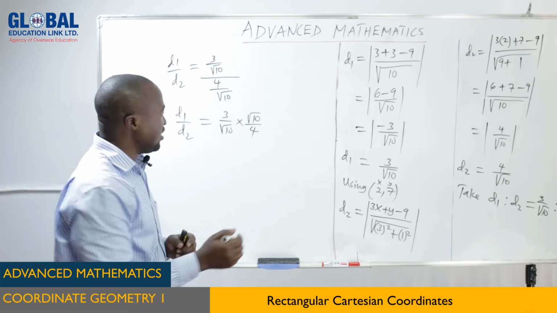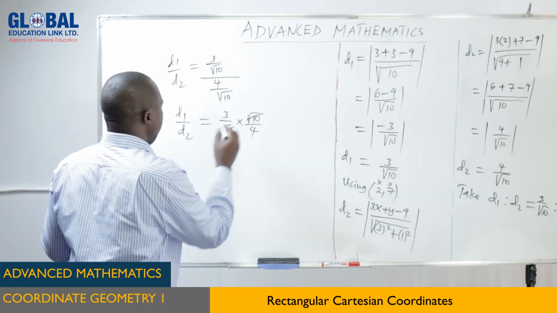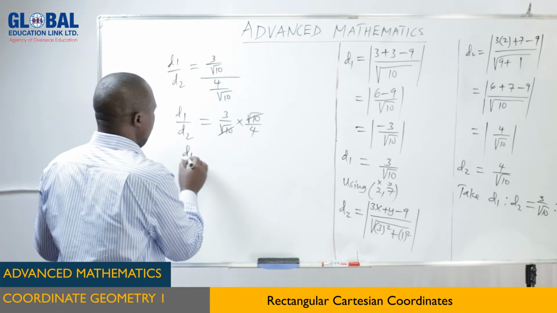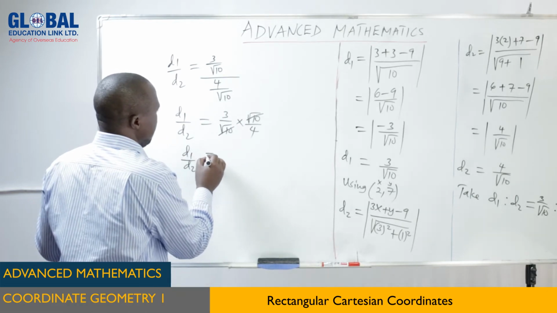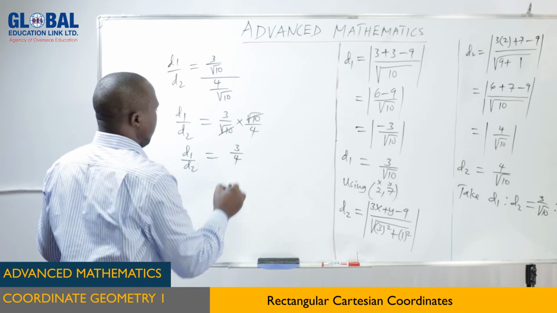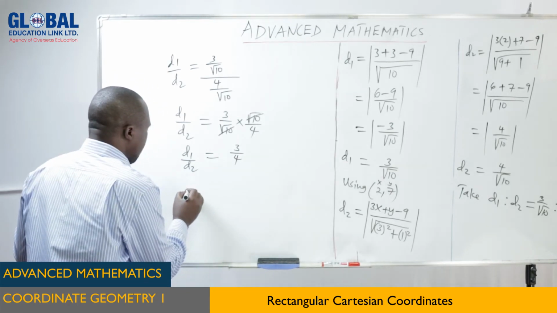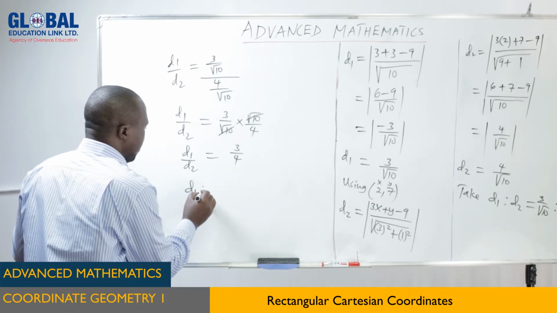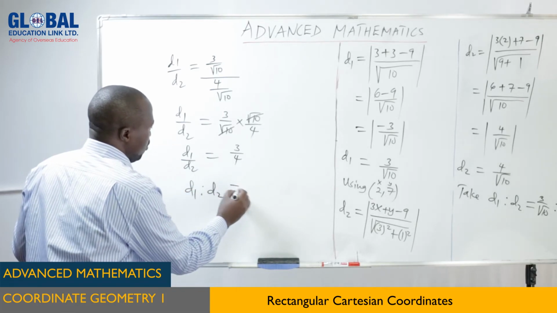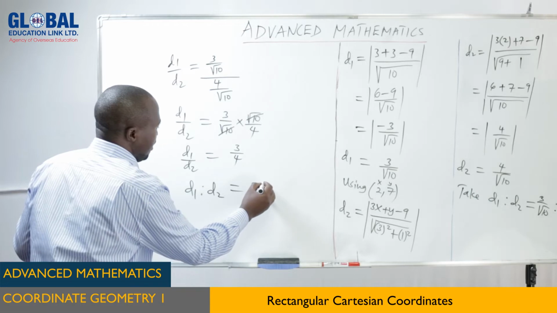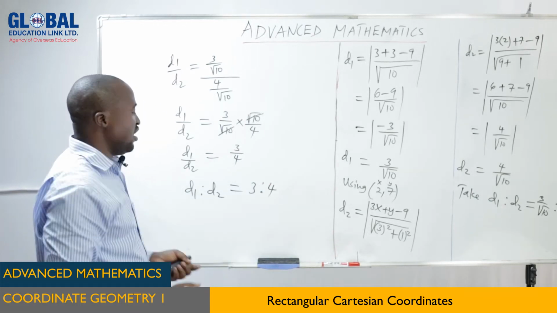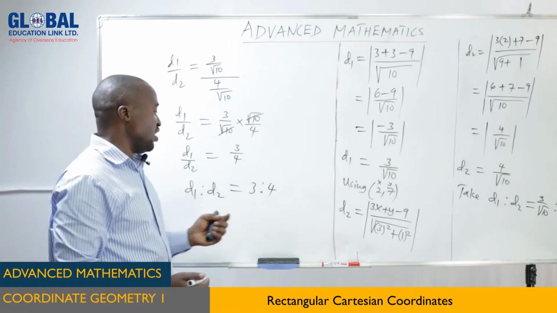So in this case, we have D1 over D2 is equal to 3 over 4. Now in ratios, this can also be written as D1 ratio D2 is equal to 3 ratio 4. Now this is the required ratio.